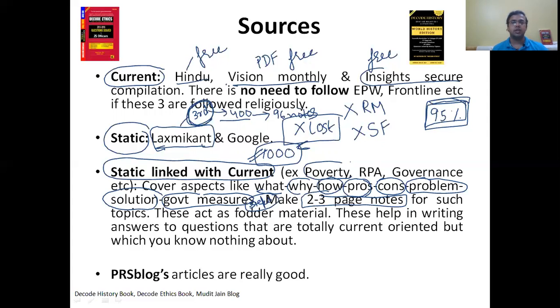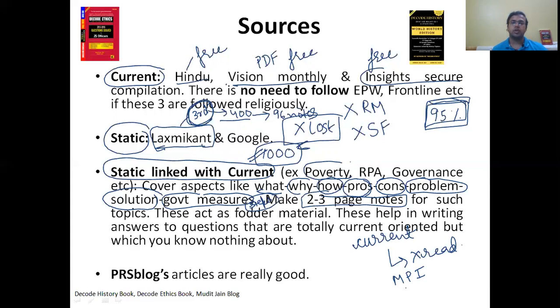Now, why is it needed? At times it happens that there is a completely current based question which you have not read. For example, say you haven't read MPI, the multidimensional poverty index. Just for the sake of it, consider this.